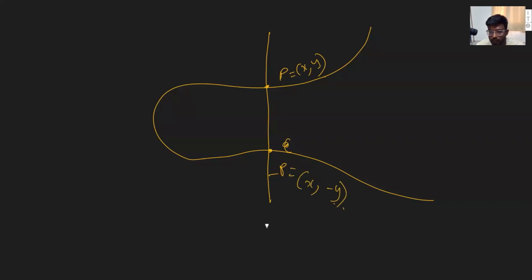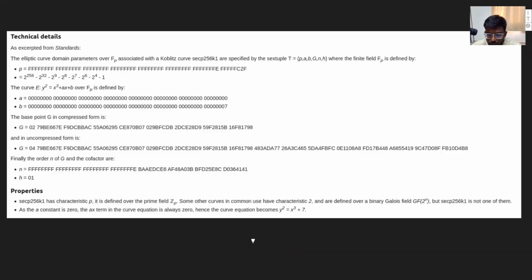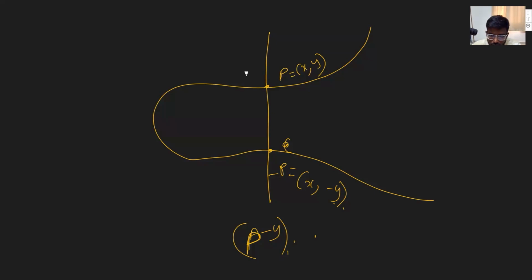The negative y value in modular arithmetic means p minus y, not n minus y, because we know that p is an odd number. If it ends with a 1 bit, it is an odd number. So p is an odd number and y is an odd number, so negative y will be an even number. If y is an even number, negative y will be an odd number.